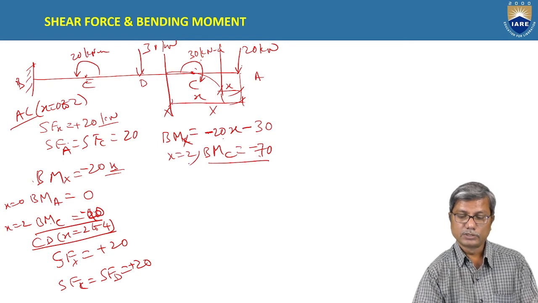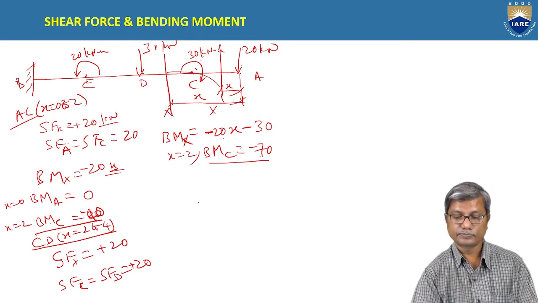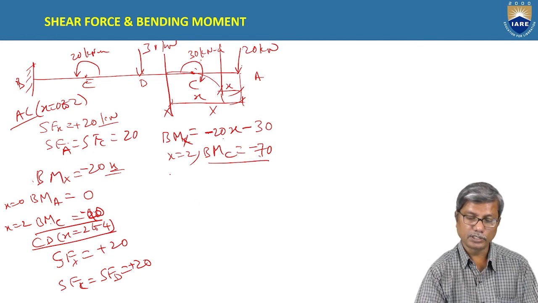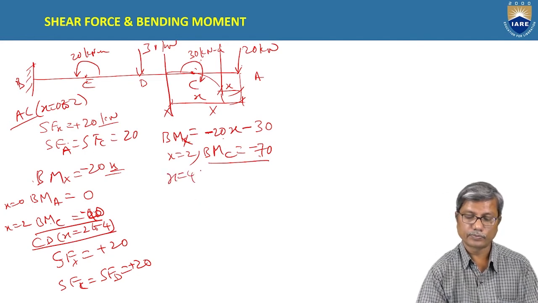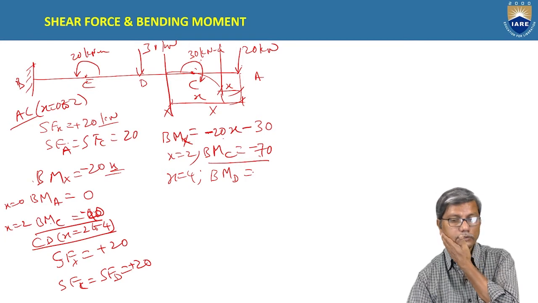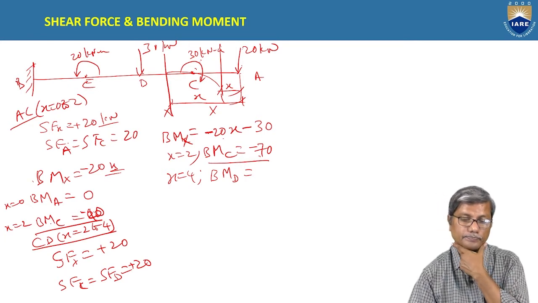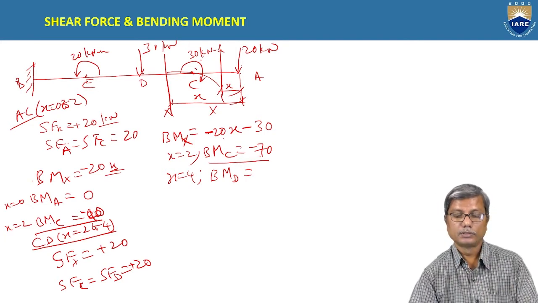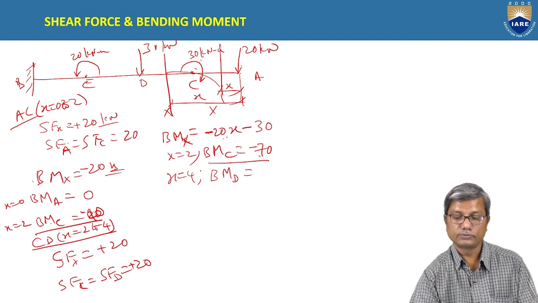So bending moment at C is 70. Now at x equal to 4, what is the bending moment at D? Take this 4 here.